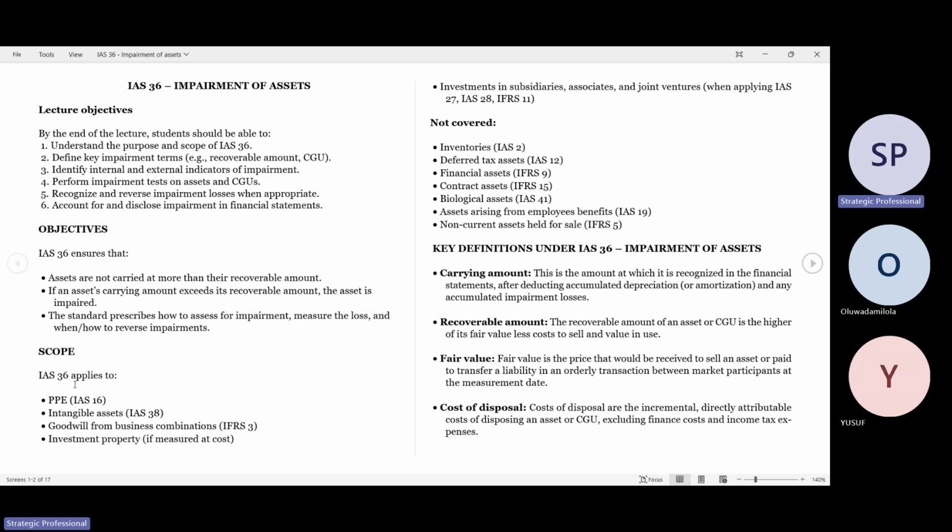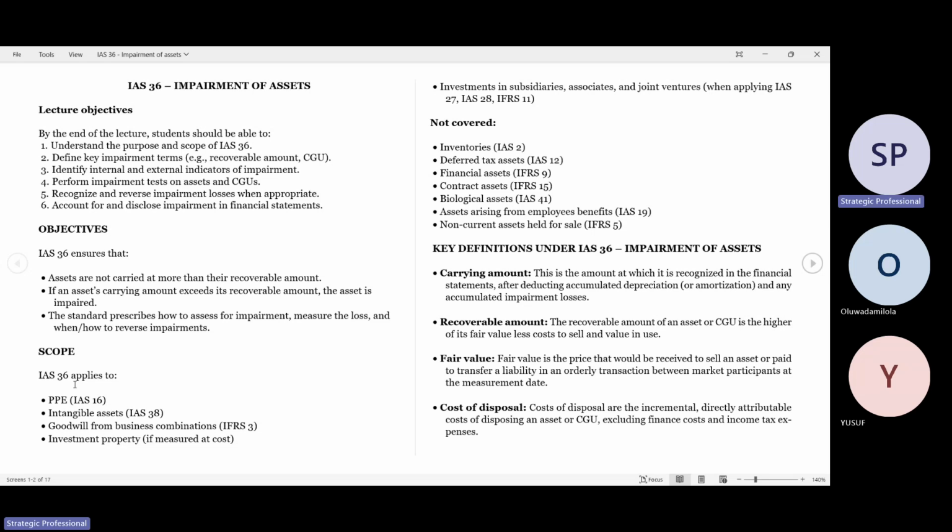So in order to avoid duplication, IAS 36 does not even talk about anything that has to do with inventory, deferred tax asset, financial asset, contract asset, biological asset. When you see trade receivables in exam, it's expected that you should ignore them when you're calculating your impairment, except if the examiner states otherwise.